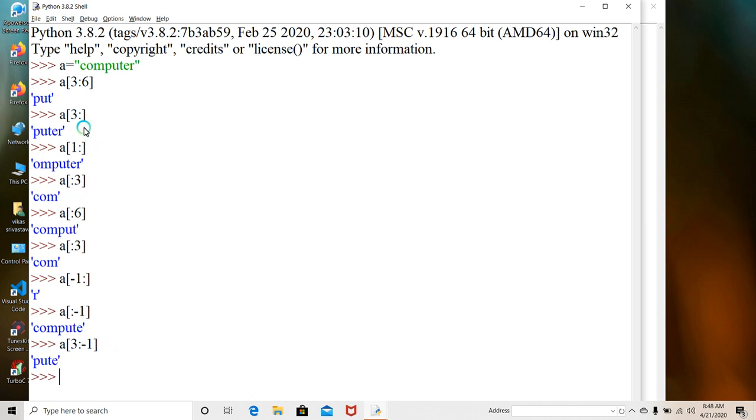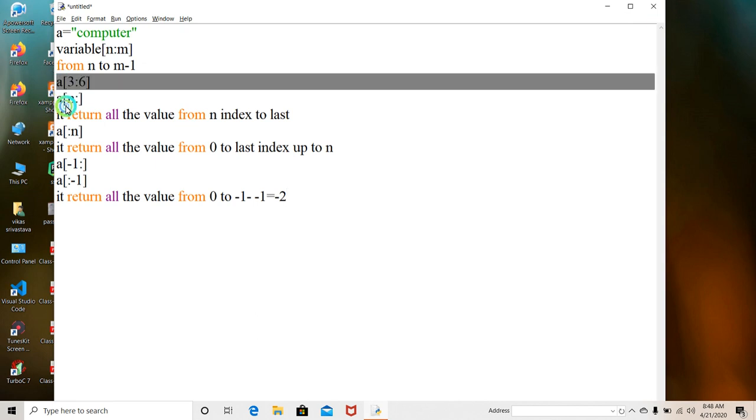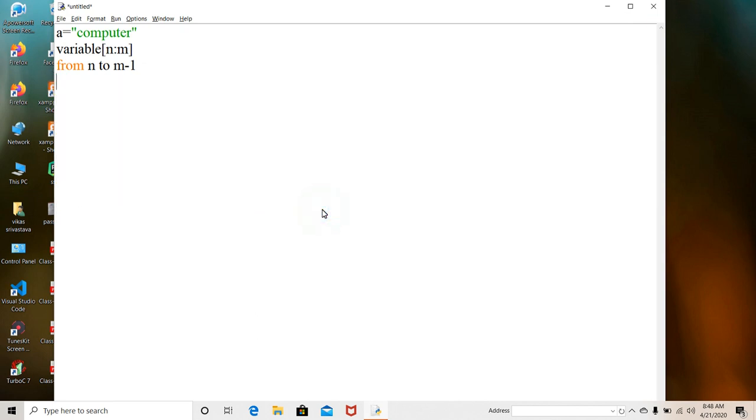So I hope you have understood why we are using string slices. If we want to get some value from a particular index to the last index, we use string slices. So is it clear? Once more I will explain all the possible ways to get the string slices. The first possibility is n to m.